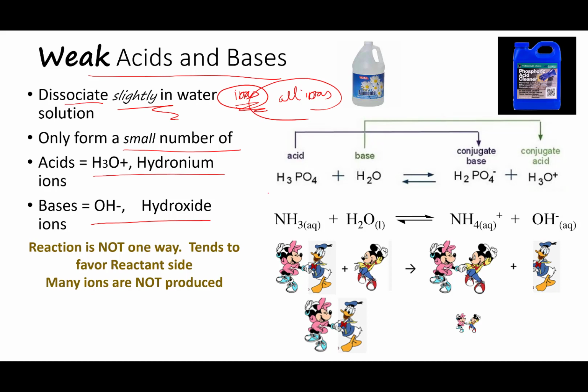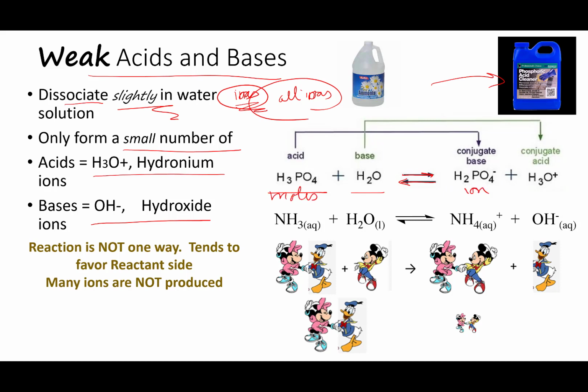Phosphoric acid can be found in Coca-Cola. It can also, in a more concentrated form, be used as a cleaner. And when this goes through a reaction with water, the ions are going to bebop around back and forth between being ions and being molecules.